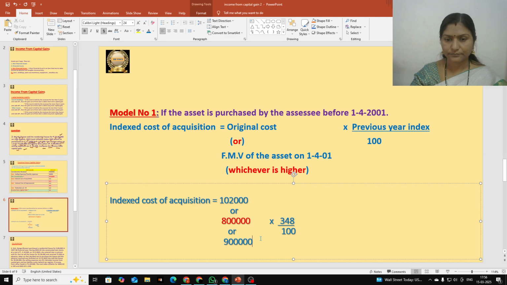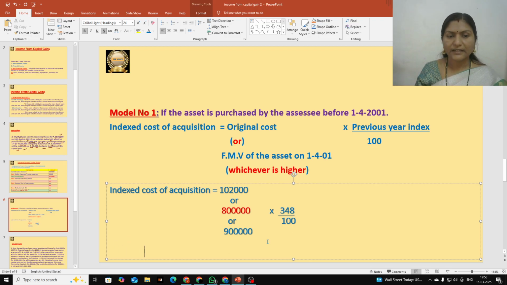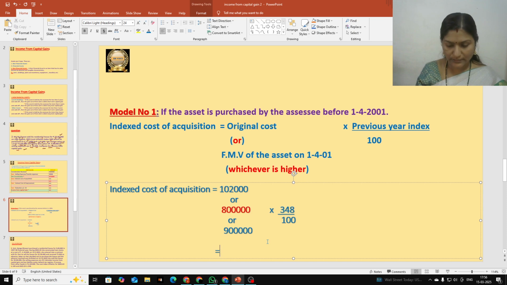That is our indexed cost of acquisition. If we calculate that, we are going to get 27 lakhs 84,000. So that is indexed cost of acquisition, students. Hope this is clear.